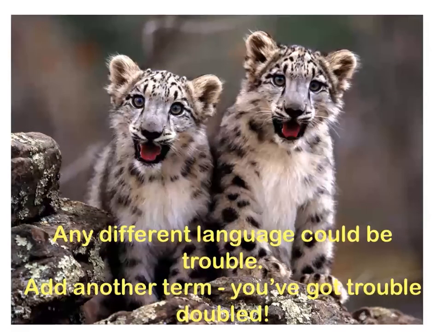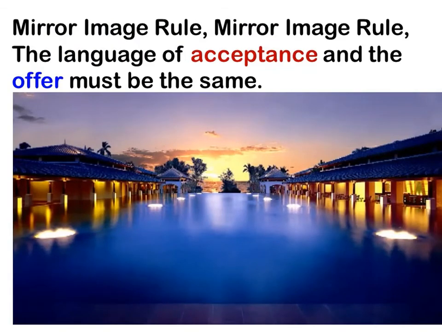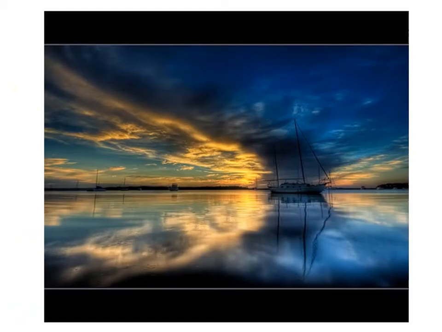Any different language could be trouble. Add another term, you've got trouble. Double that common law, it's true. With additional language you're through. No acceptance here, it's counteroffer. Mirror image rule. The language of acceptance and the offer must be the same.